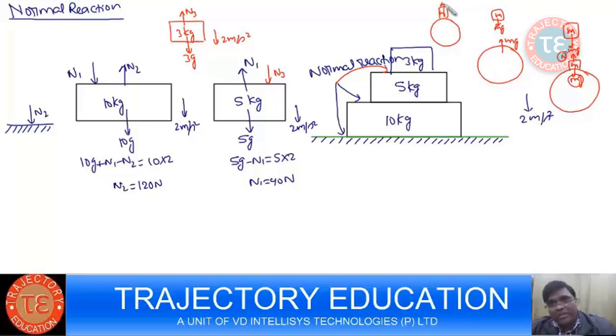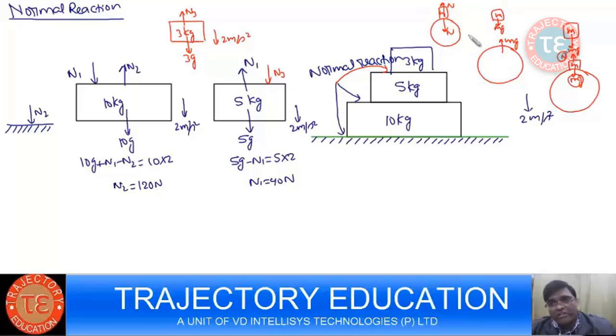If Earth applies normal reaction N on the body, this body also applies N on the surface, on the Earth, and these two are action reaction forces. You should not confuse that N and mg are the action reaction forces. It is not. Earth applies mg on the block, the block also applies mg on the Earth. They are action reaction forces.